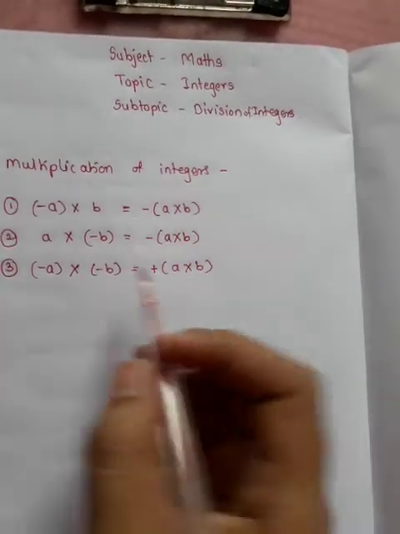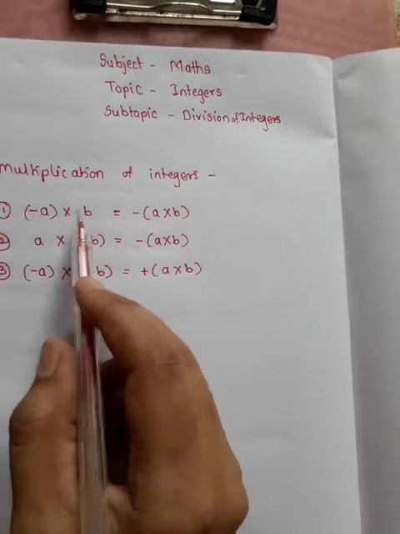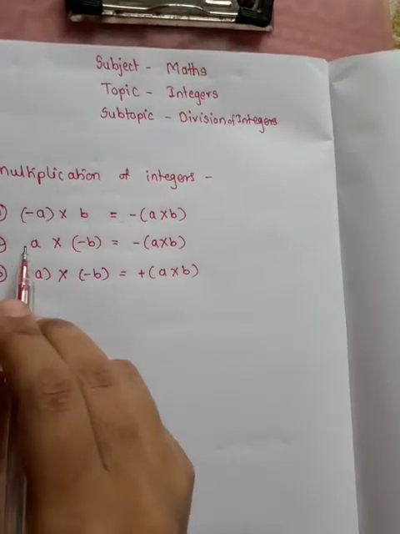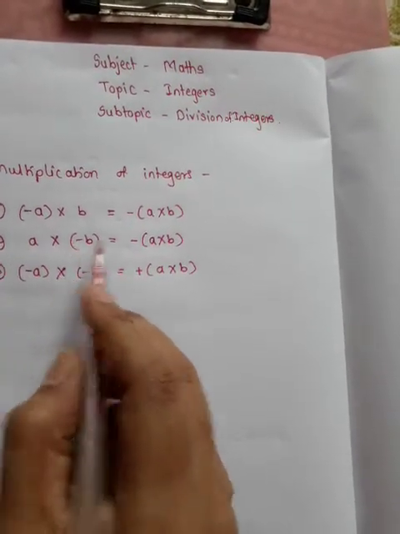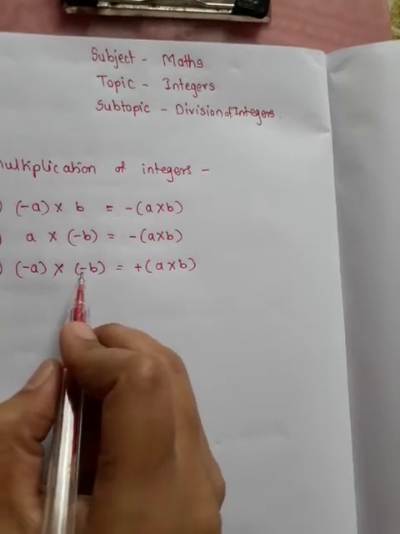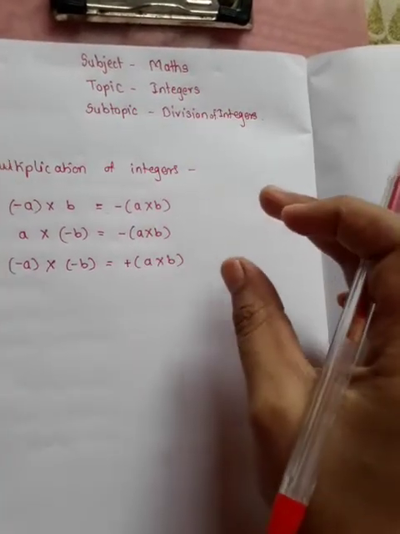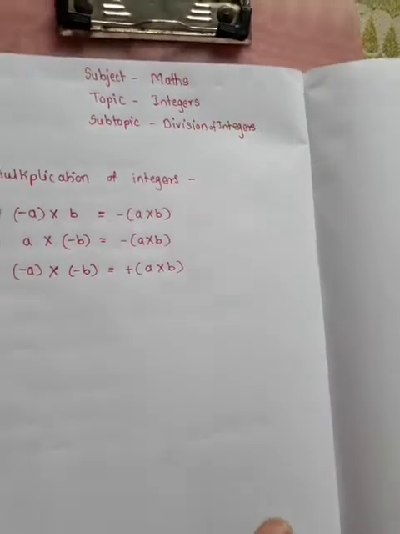So the properties say that negative times positive gives negative, positive times negative gives negative, and negative times negative gives a positive integer. Just revise this part.